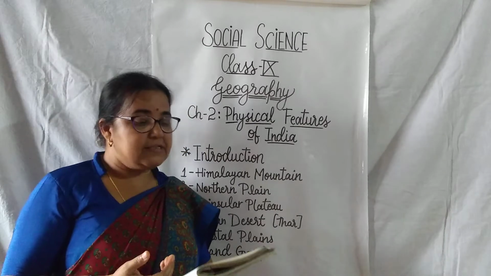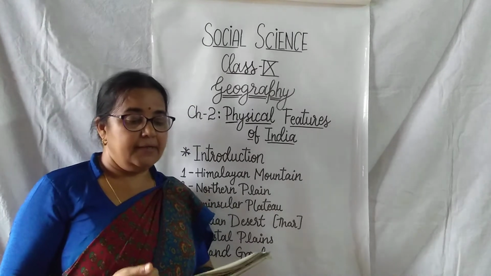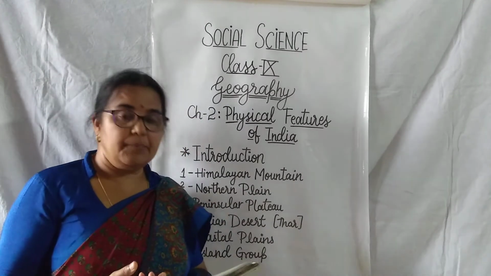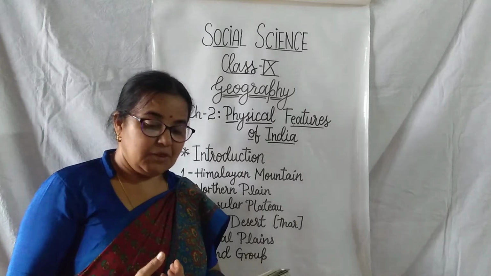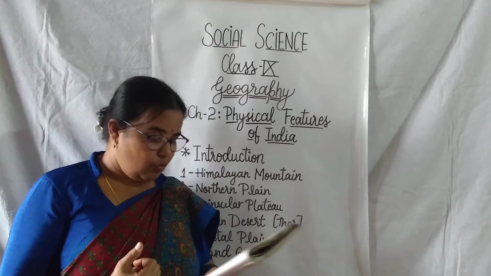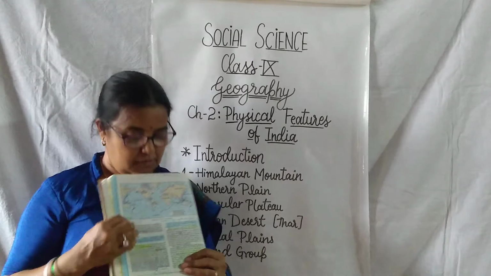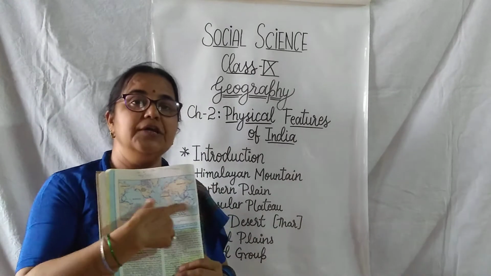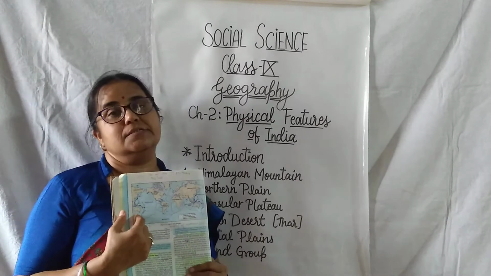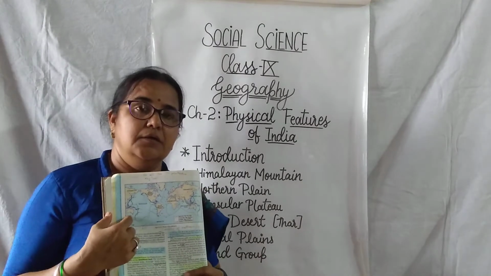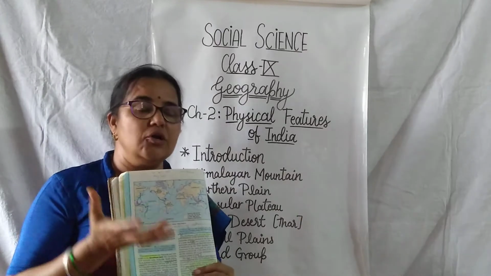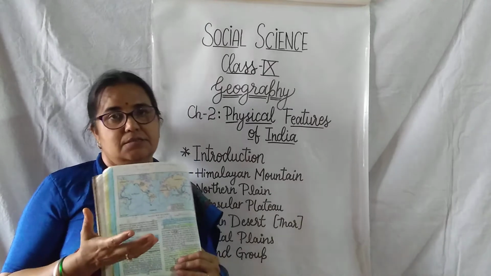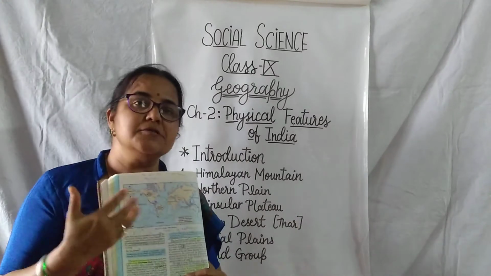You can see how many plates there are: Eurasian plate, North American plate, South American plate, African plate, and Indo-Australian plate. So this is the map, and you have to read it and go through these plates. Only then can you understand, because these plates are not on solid magma. They are in floating conditions. That's why they move from one place to another.